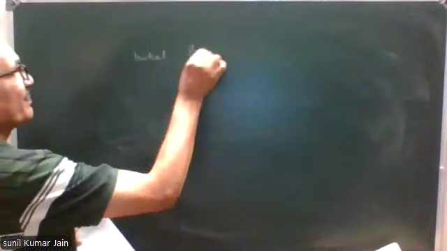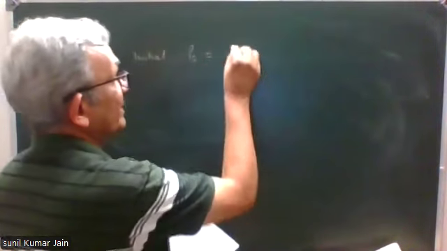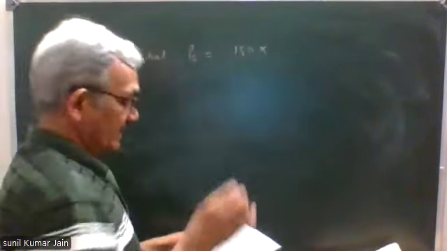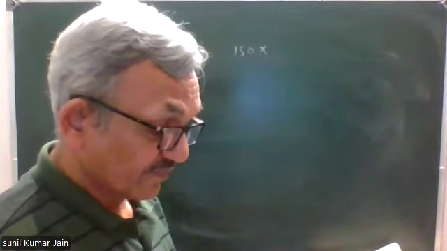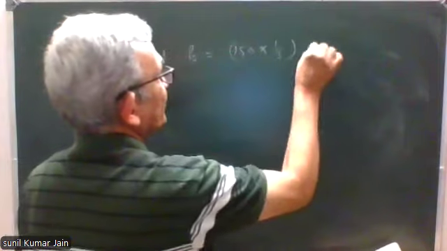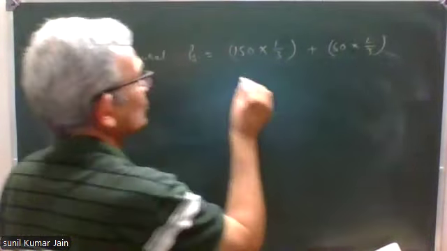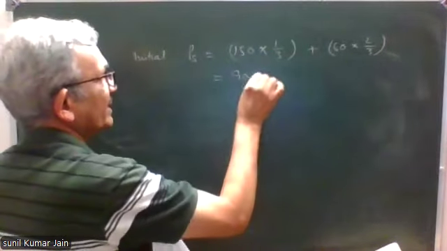We'll calculate the initial vapor pressure of the solution. This will be P naught benzene, 150, and the initial mole fraction is 1 mole and 2 moles, meaning 1 by 3, plus P naught toluene into mole fraction of toluene, 2 by 3. This will be 90 millimeters.